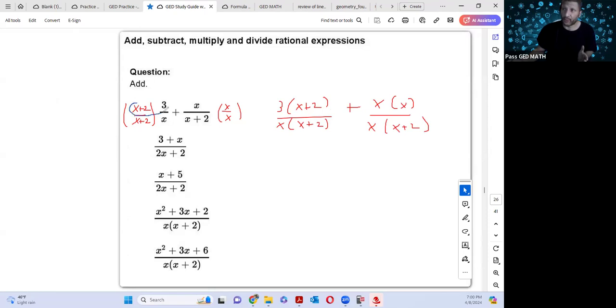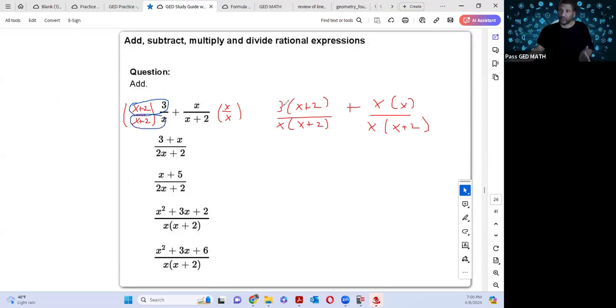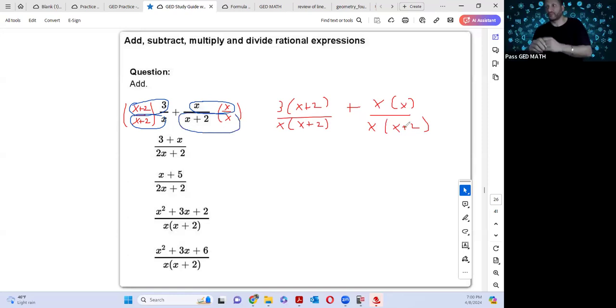So here I'm just multiplying 3 times x plus 2. Here I'm multiplying x by x plus 2. So 3 times x plus 2, x times x plus 2. Got me? Here I'm multiplying x by x, x times x. Here I'm multiplying x by x plus 2, x times x plus 2. Everybody understand that?